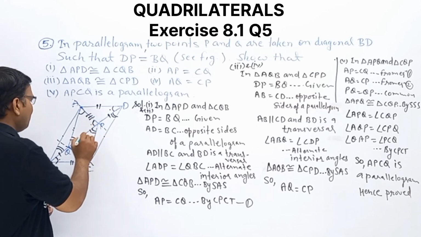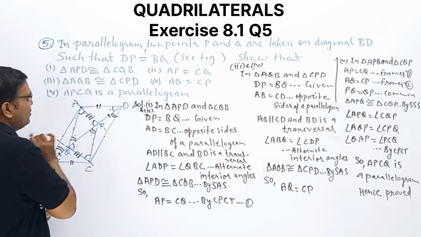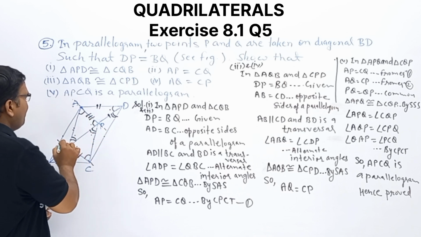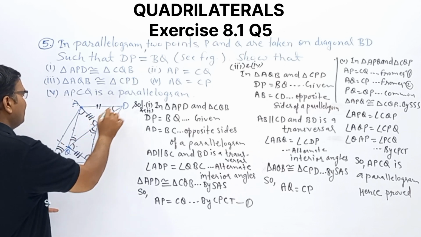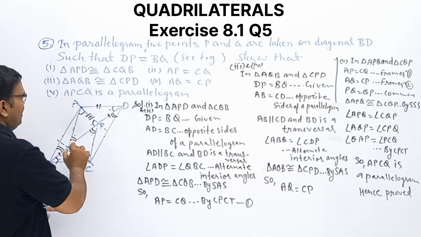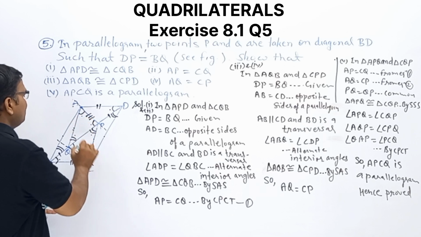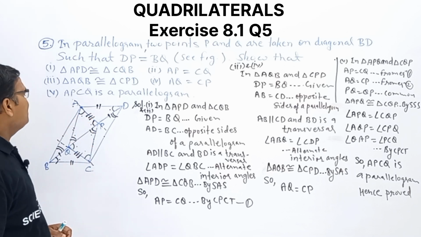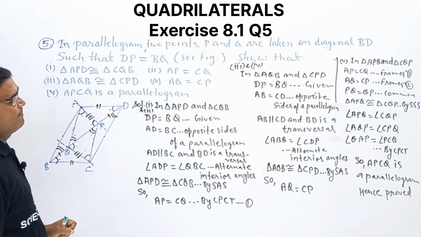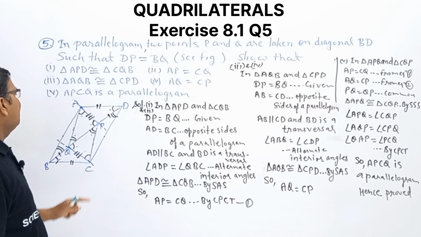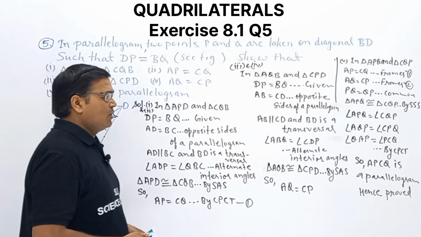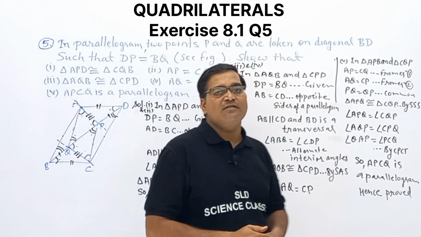Once this angle equal to this one and this one equal to this one, then AP will be parallel to CQ and PQ is what? Transversal. And this angle equal to this one. So by CPCT we are getting these angles, or we can say APCQ will be what? A parallelogram.